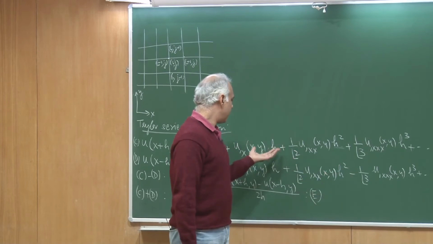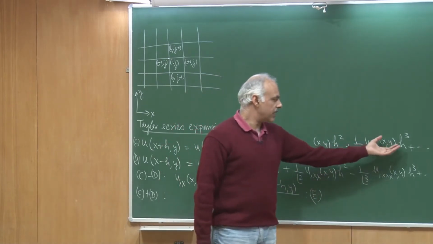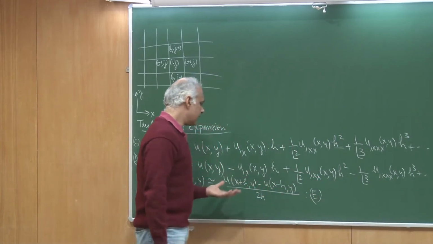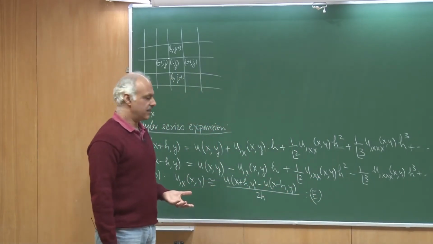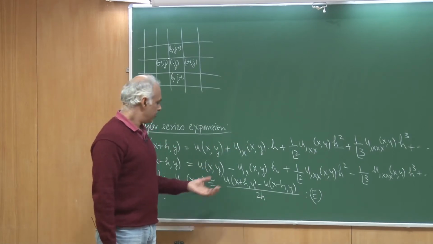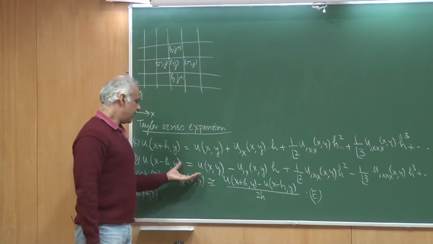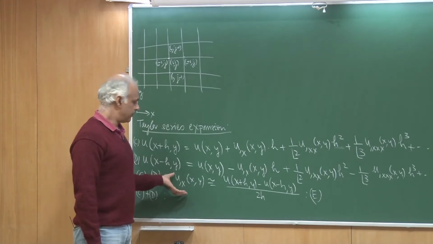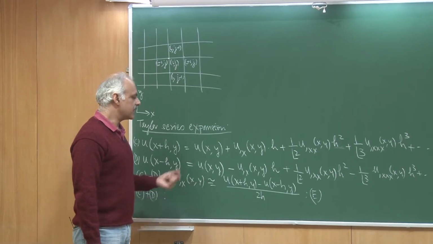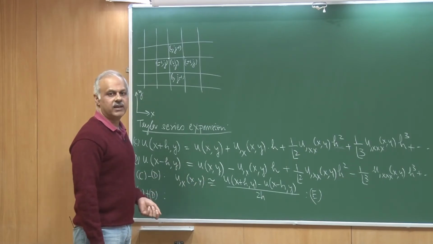But when I divide by h, then I am going to get left h square. So I am actually neglecting terms of the order of h square times of course a constant which would be the third derivative. So that is the error in estimating the x derivative at x y, and I have basically thrown out terms like h square and higher orders.